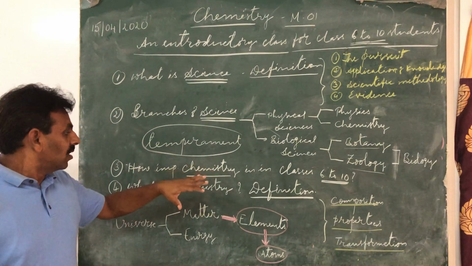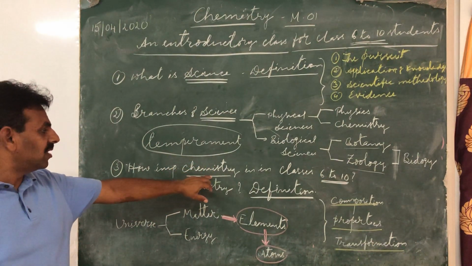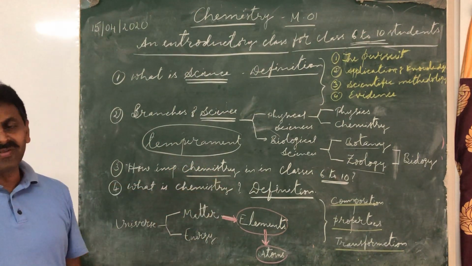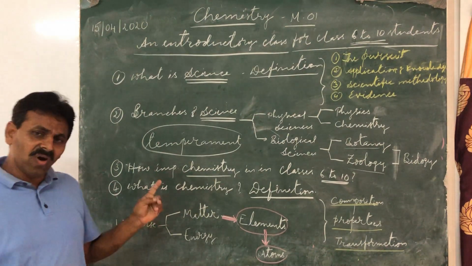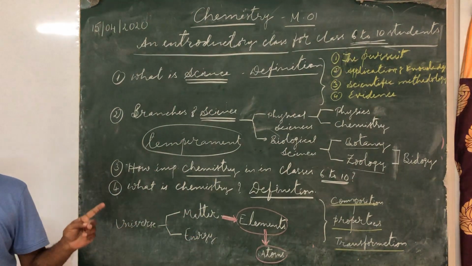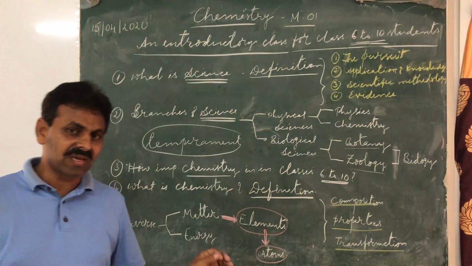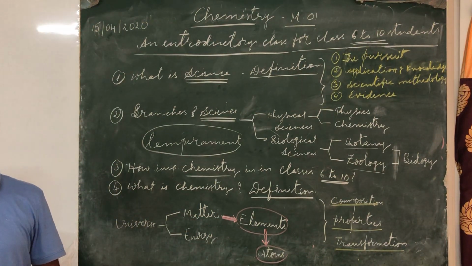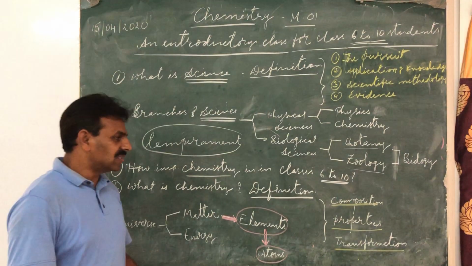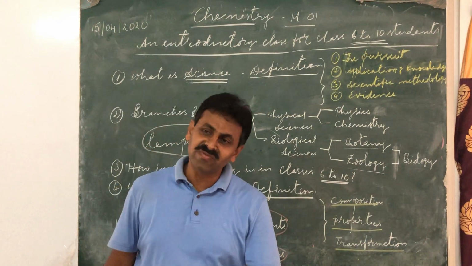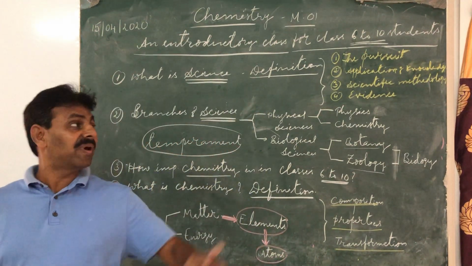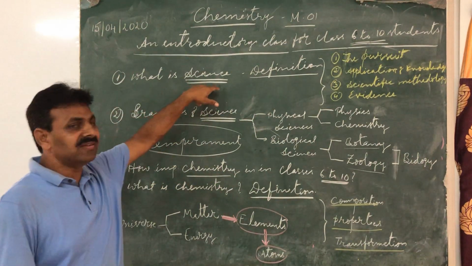So, coming back to the definition of chemistry, which you all must know, because you are going to study the chapters of chemistry, you must know what exactly chemistry is in a broader sense. Defining chemistry is very, very simple in comparison to the definition of science.